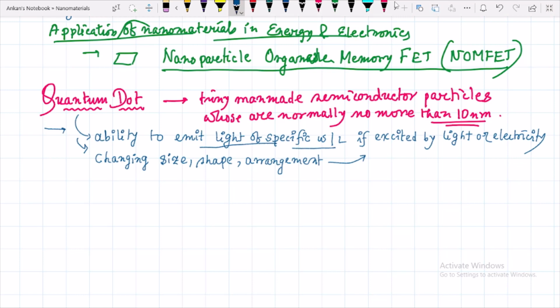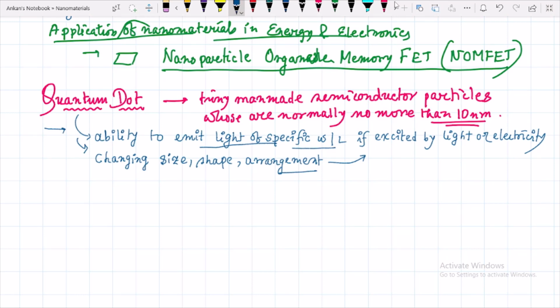So we can say that it covers a range from visible light to infrared in the electromagnetic spectrum to emit radiation, and this fact is used in the quantum dot solar cell.